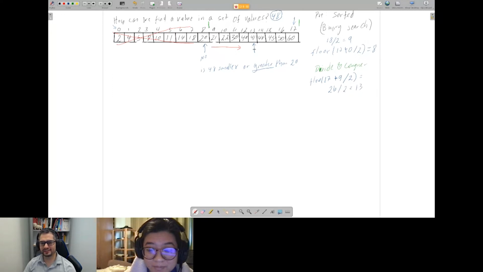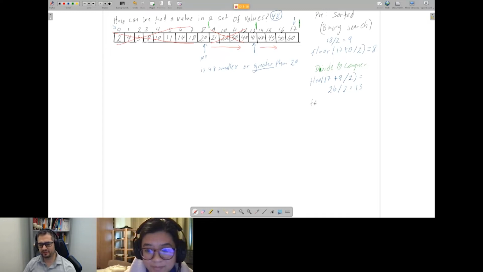So we check 13, and then again we decide, is 48 here? It is not. 48 is greater than 41, so we keep moving, and we discard all this. Then we start looking from here to here now. Again, we do the same thing.